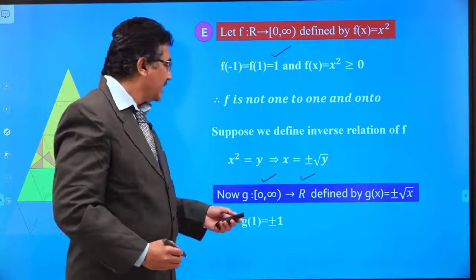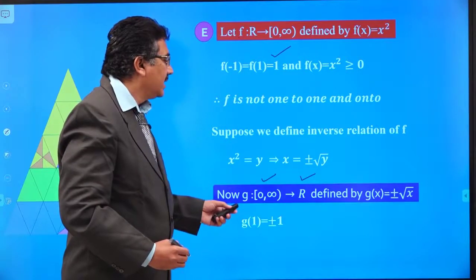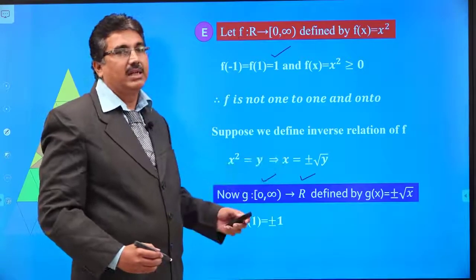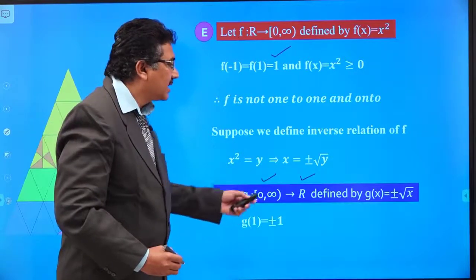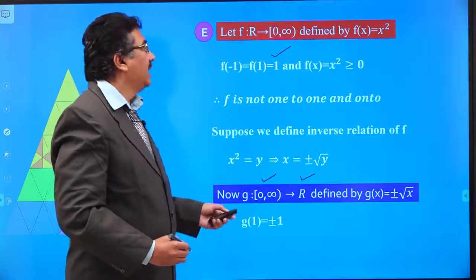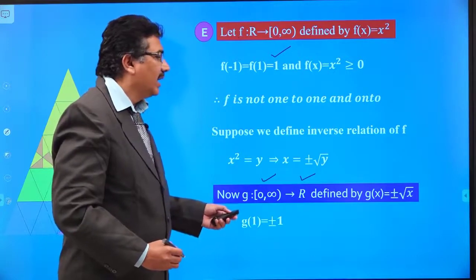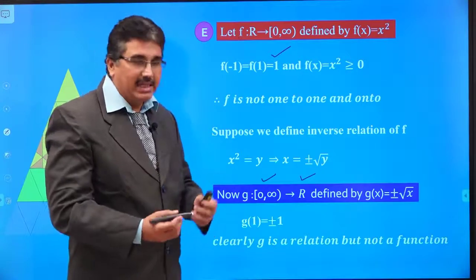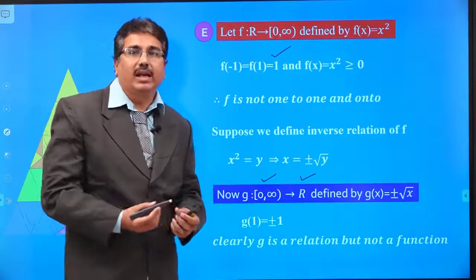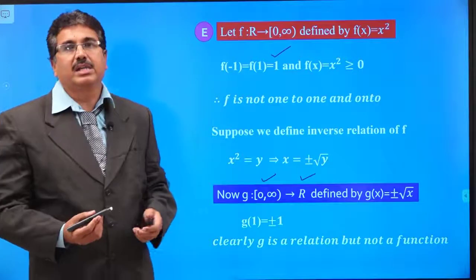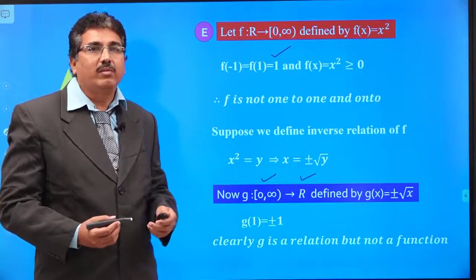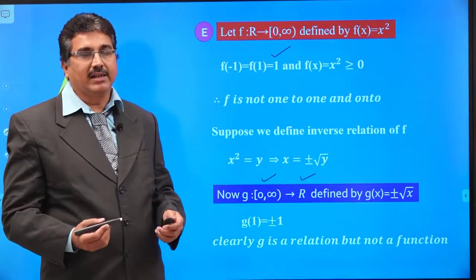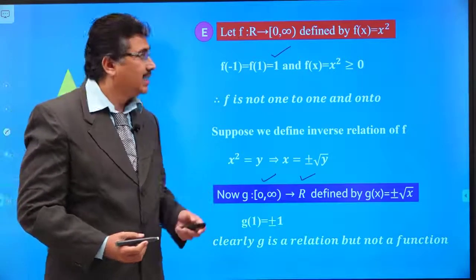In this case also, g is just a relation but not a function. So, in this case also, we can't define inverse of a given function. In this situation, how to define inverse of a function? What are the requirements for defining inverse of a function?